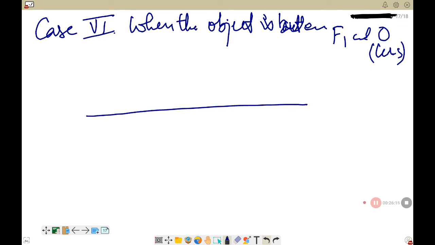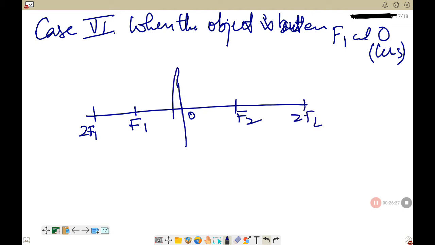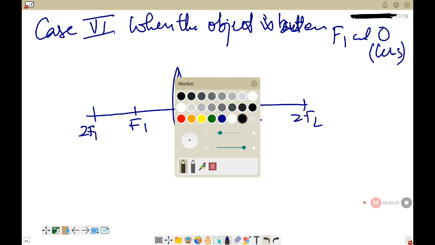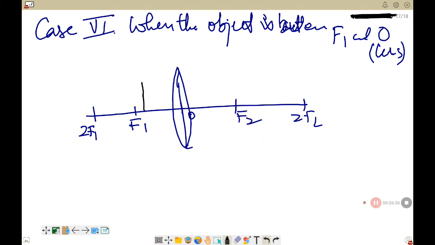Let's see. So I have my principal axis. This is 2f1. This is my f1. This is my optical center. This is my second focus, and here I have twice of second focus. I'm going to draw my lens here. This is my lens, and I'm going to keep my object between the first focus and the lens, that is the optical center.